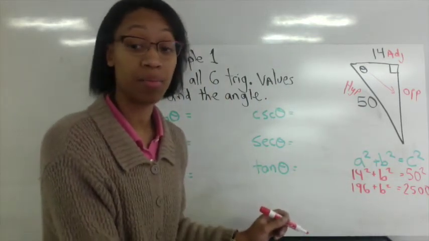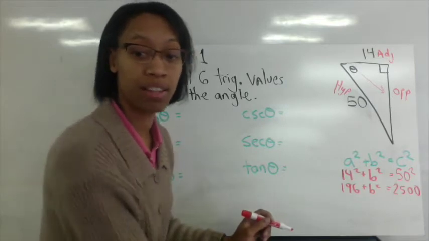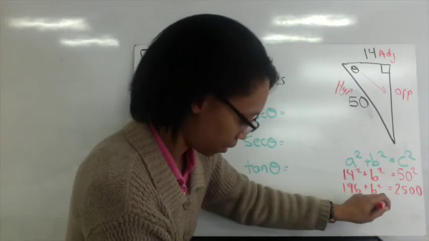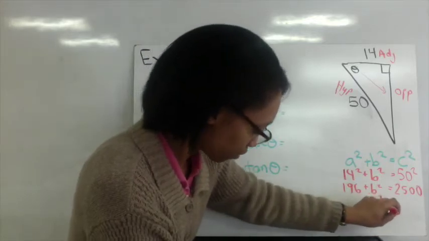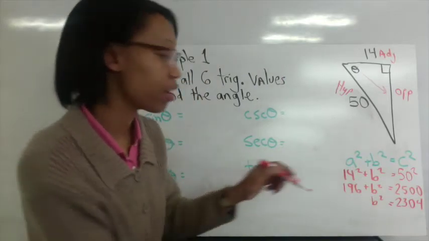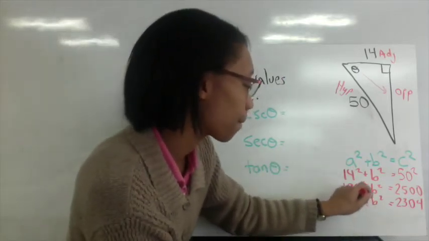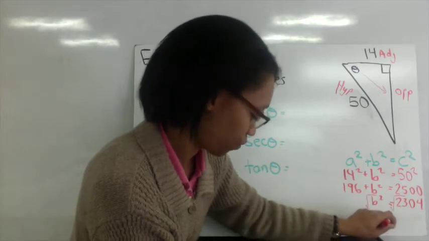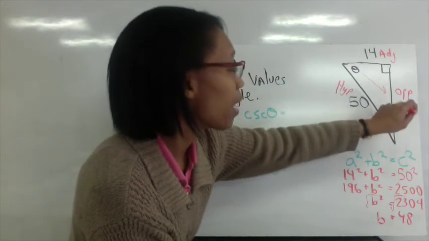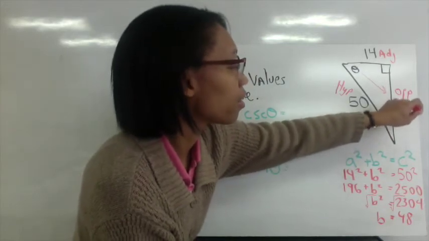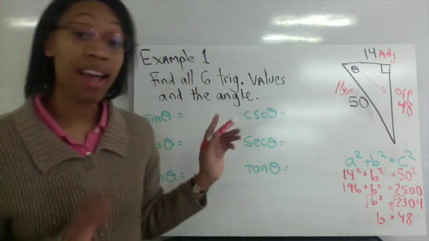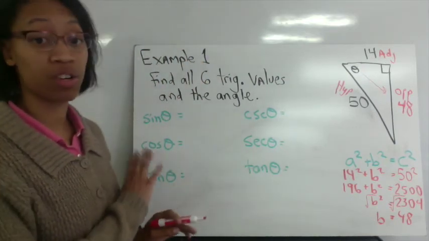Subtracting 196 to the other side, we have b squared equals 2304. Then taking the square root, that gives us b equals 48. So that means my opposite side is 48. Now that I have that, I can answer the question.